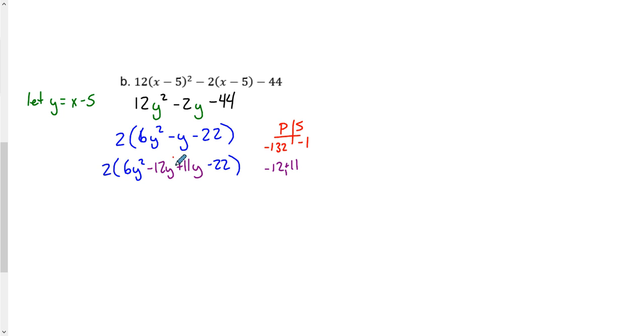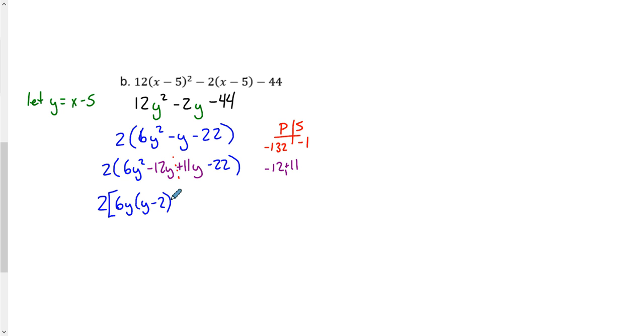And then I can factor further. That 2 that I factored out in front, well, it's just going to stay out in front. It's not going to do anything more than just stay out in front. We're going to factor something out of my 6y squared and my 12y. I can factor out a 6y, leaving a y, subtract 2.